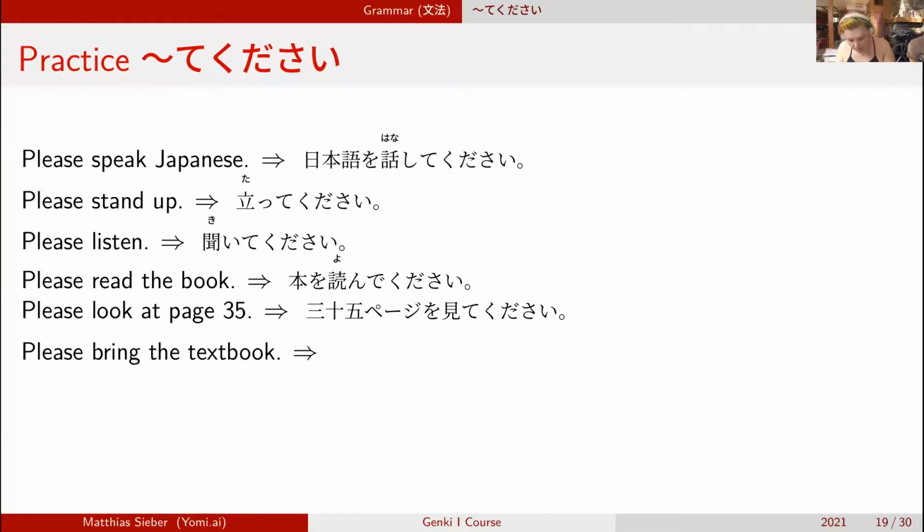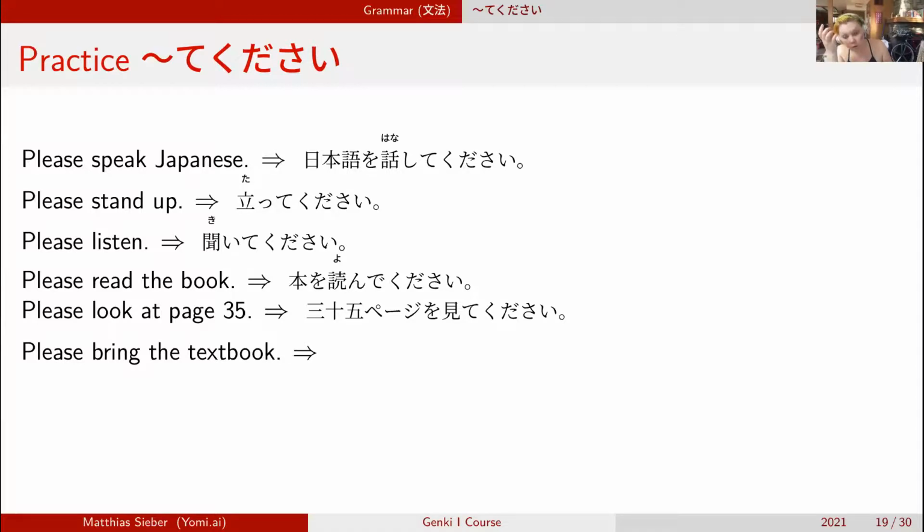I thought it was on 149. Textbook? Bring? To carry, to hold? Is it that? Oh, I know why, it's under irregular verbs.